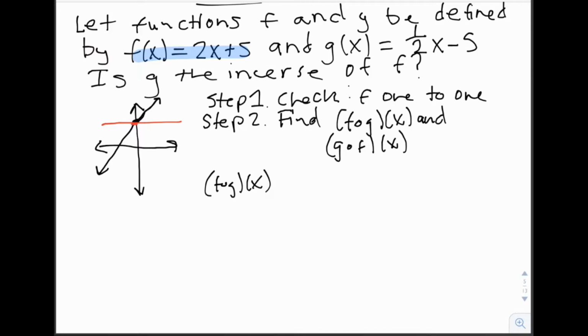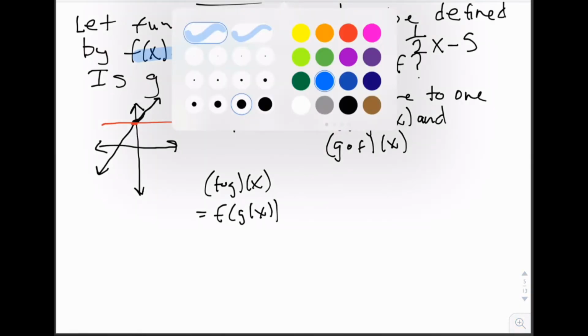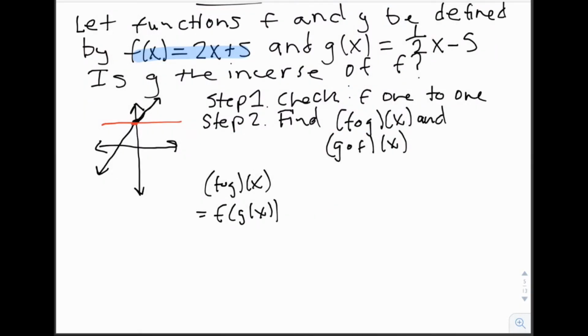What will that produce? We can take our g of x and plug it into our f of x. So our g of x is going to be this 1/2 x minus 5, and we take that and plug it in every single time we see an x in our f of x.